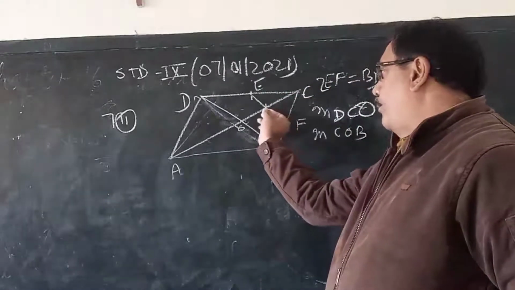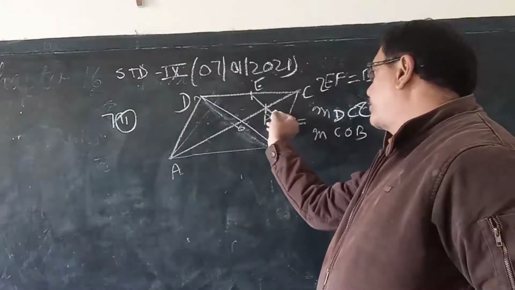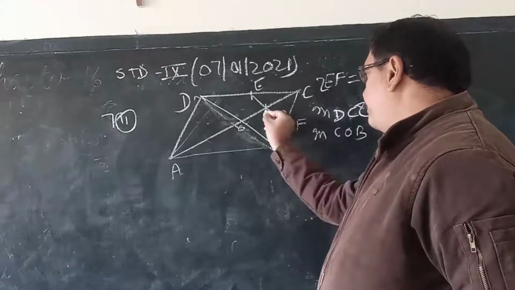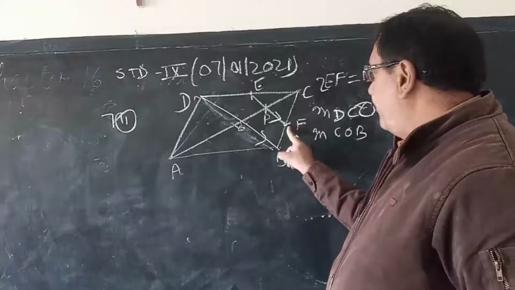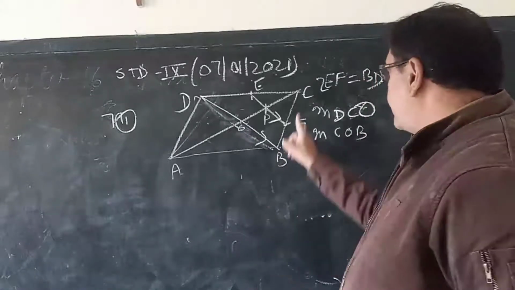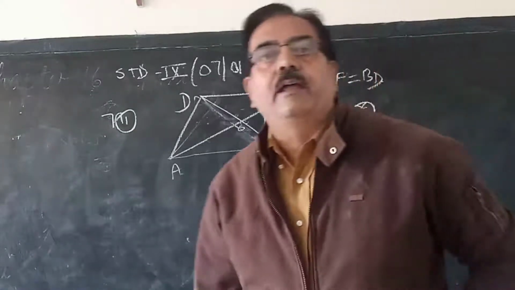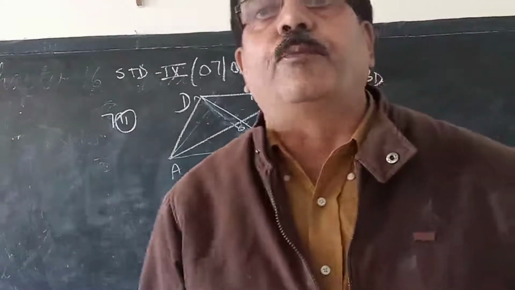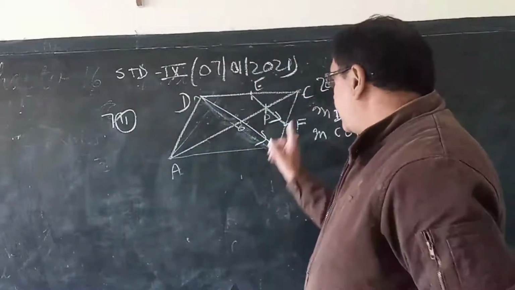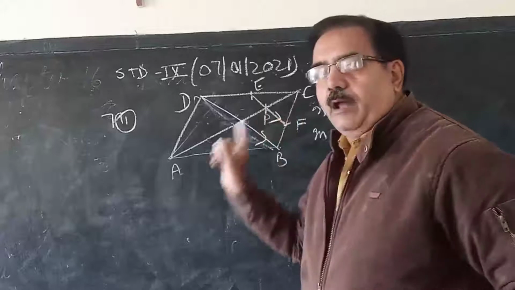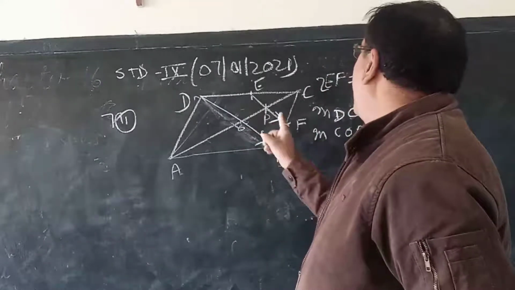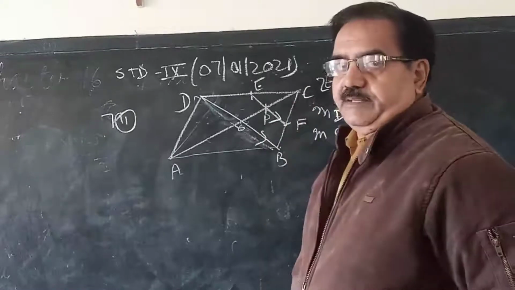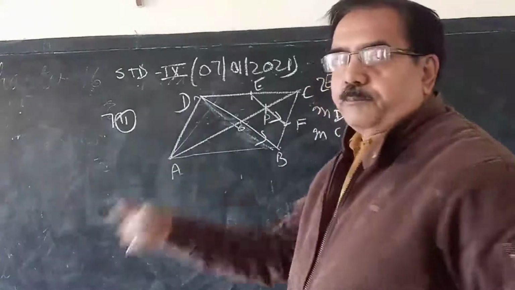Again, from one midpoint, a line drawn PF parallel to OB, then F will be the midpoint of BC, again by the converse of the midpoint theorem. So by the converse of the midpoint theorem, we are able to prove P is the midpoint of OC and F is the midpoint of BC. So first part proved.